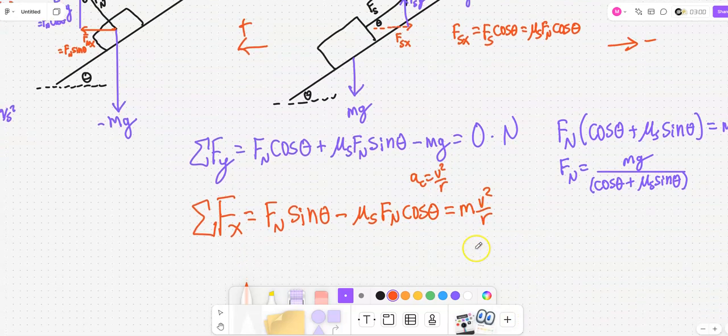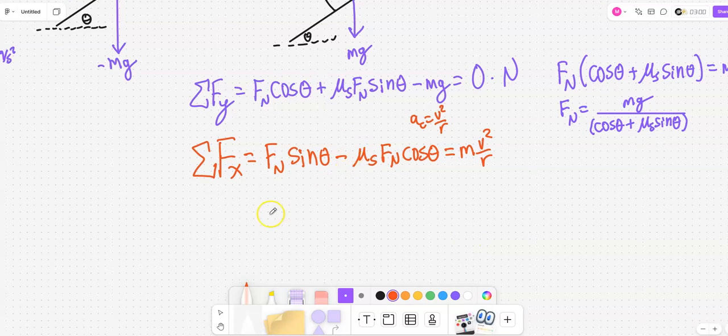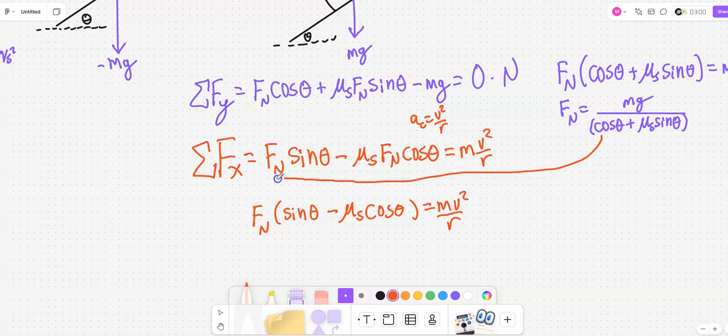All right, so let's come down, factor out the normal force. It's going to be sine of theta minus mu s. Don't write the normal force again, like I always do. And v squared over r. Okay, so now we're going to take this value for normal force here and insert it here.